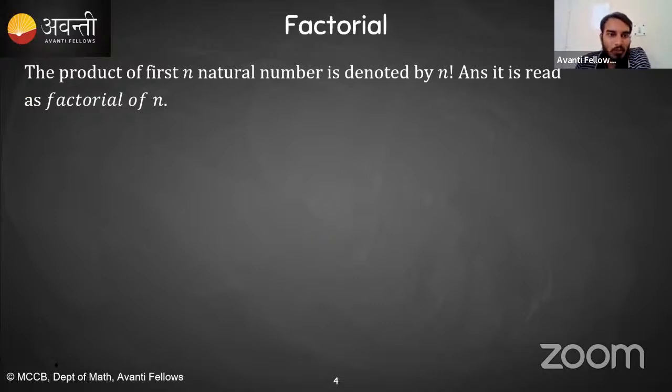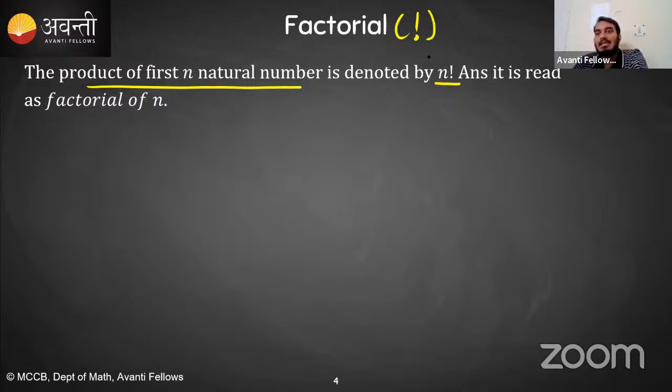Factorial is nothing but the product of the first n natural numbers, denoted by n factorial. This exclamation sign is the sign for factorial, and it is read as factorial of n.